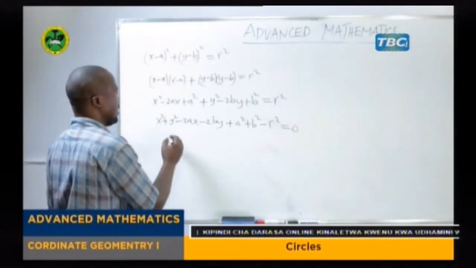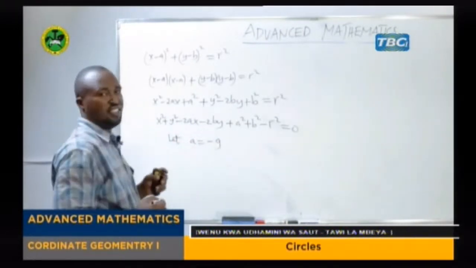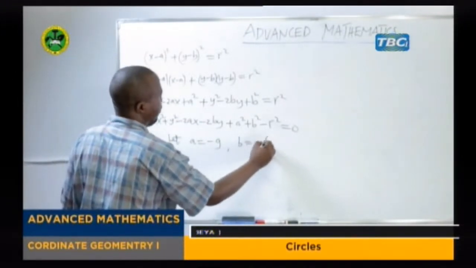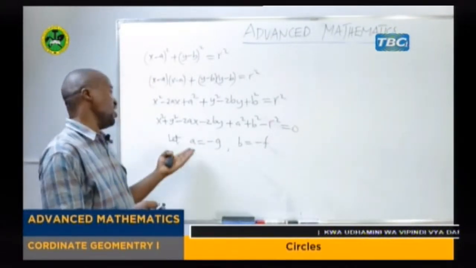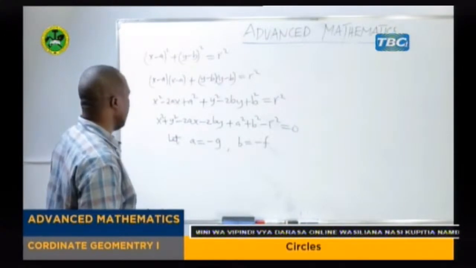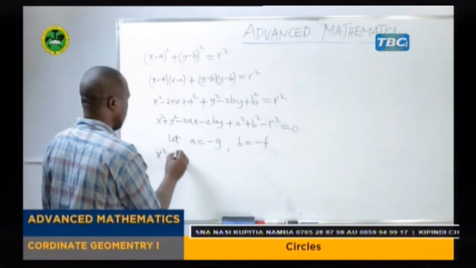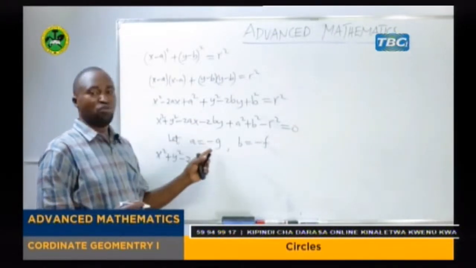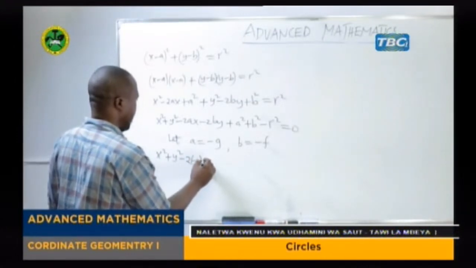So at this point we just let a be equal to negative g, and again let b be equal to negative f. So let us substitute values of a and b. Instead of a we have negative g, and instead of b we have negative f. So we are going to have x squared plus y squared minus 2, remember a is equal to negative g, so here we have negative g x.